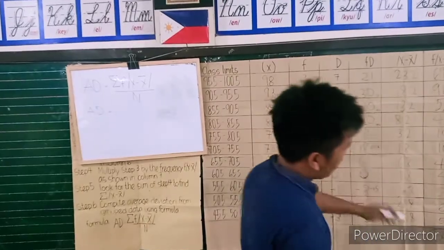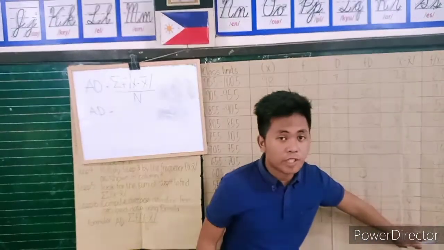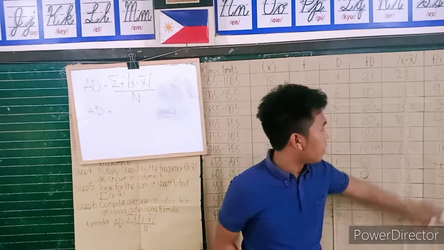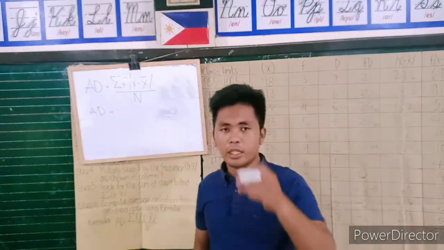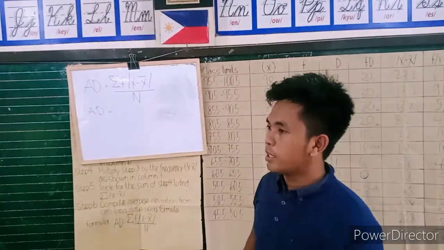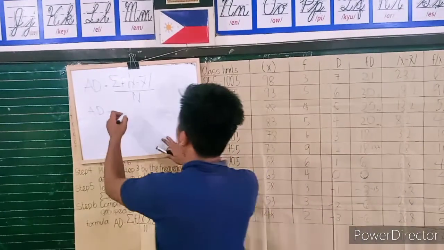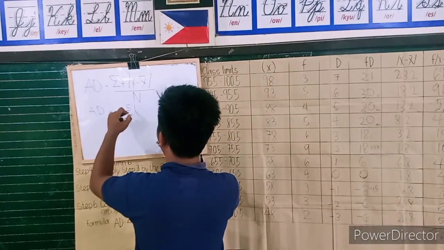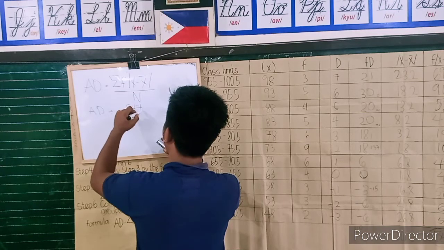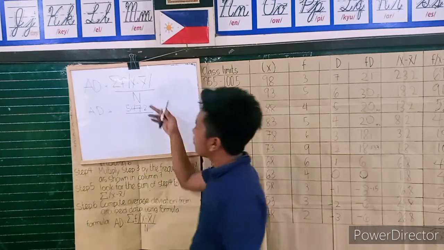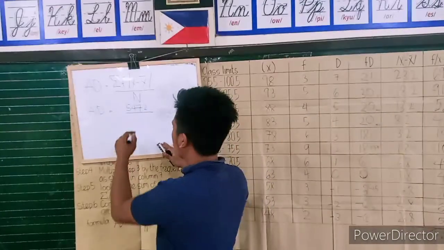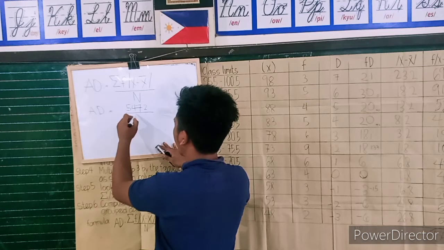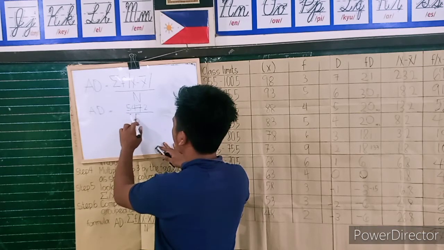So we have 547.2, divided by the number of students or respondents. We have 50 respondents.